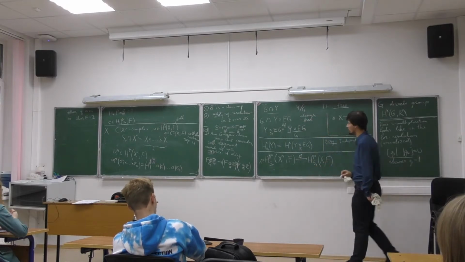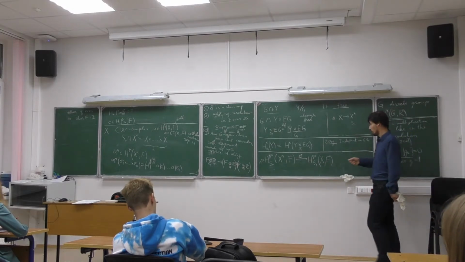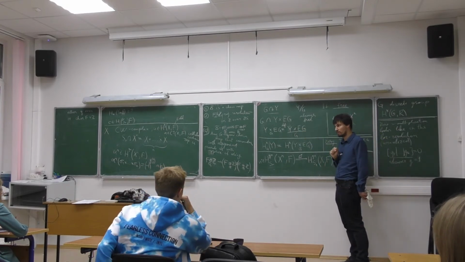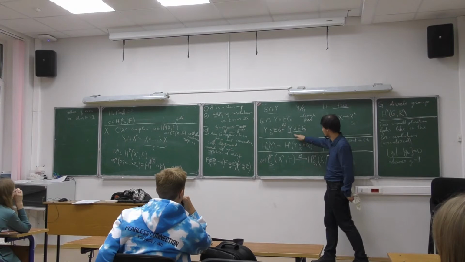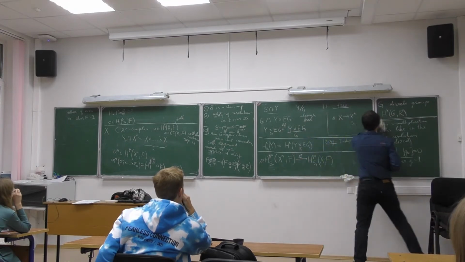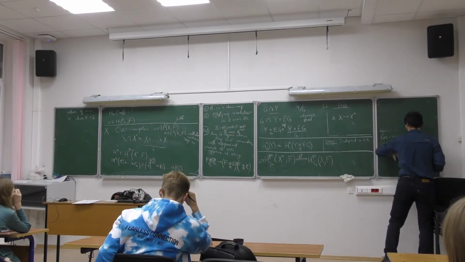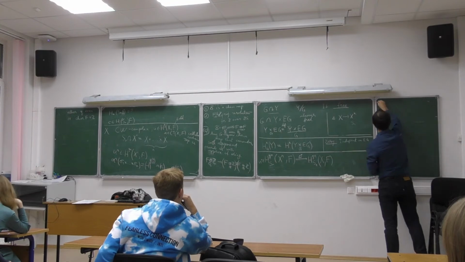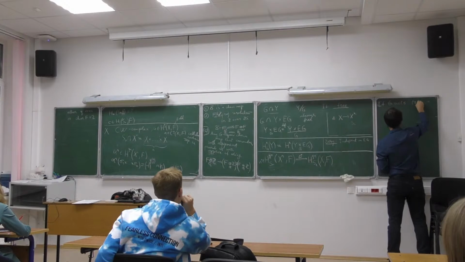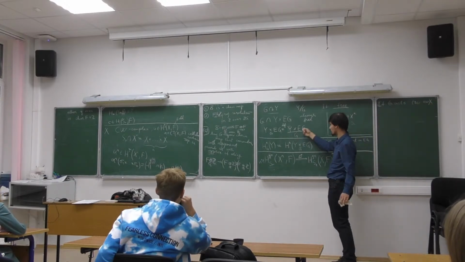But now let us ask ourselves, what is equivariant cohomology in the case of a trivial action of G? If G acts on X trivially, and this is exactly our case, then we just take the quotient of EG.